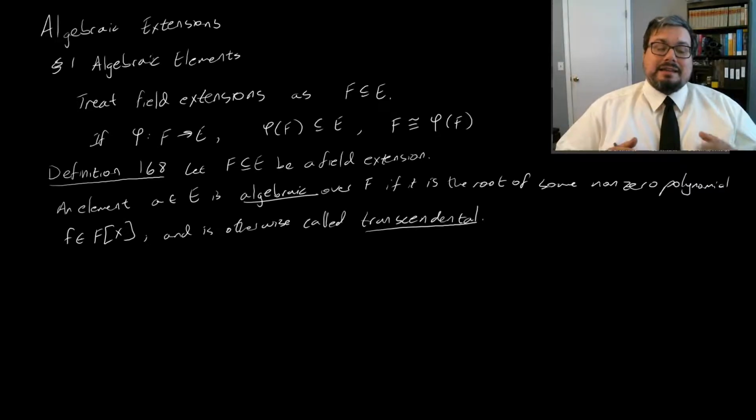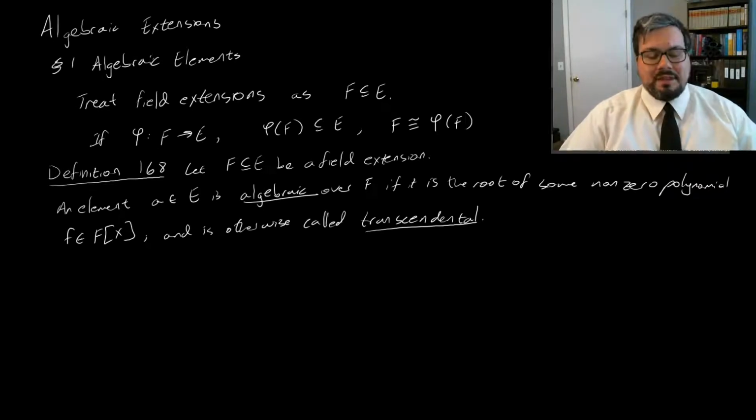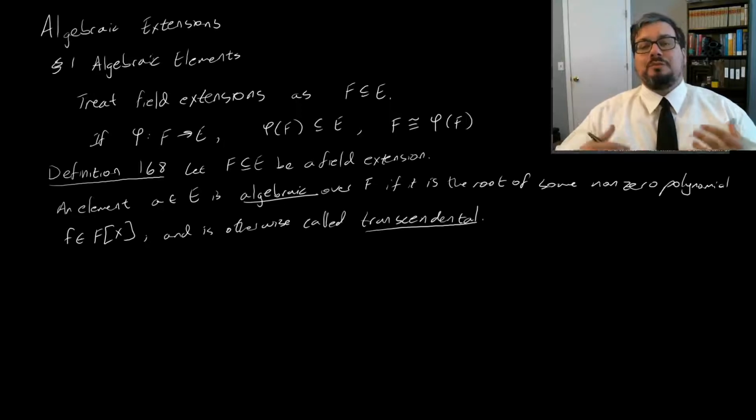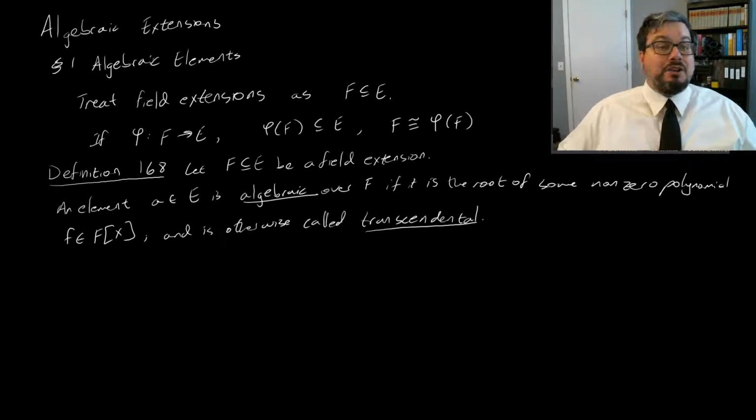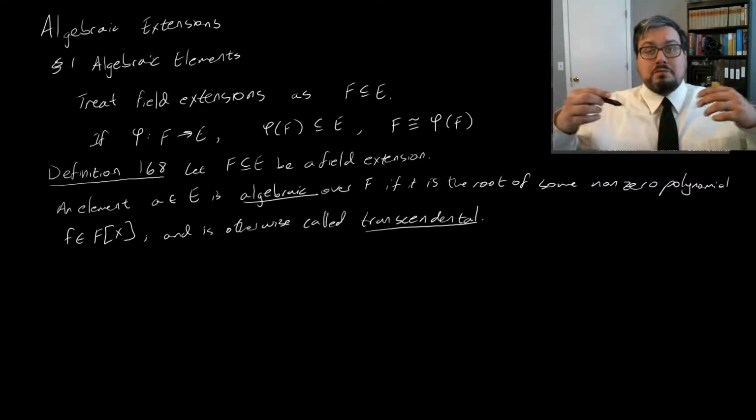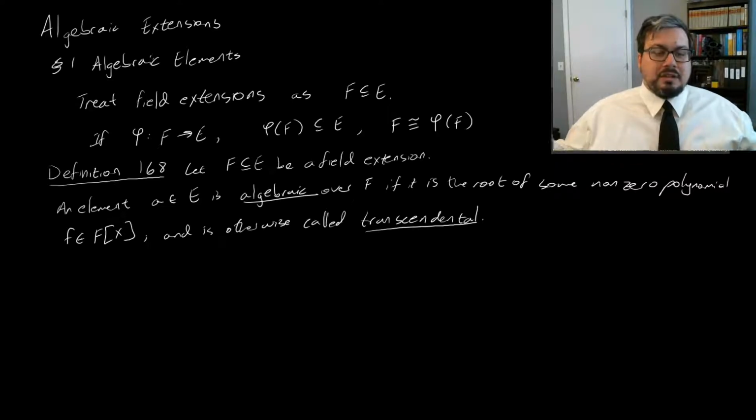And then anything in the field E which isn't algebraic over F is called transcendental over F. One way of thinking about this is that algebraic elements over F are things that can be described in terms of F, in terms of some sort of algebraic equation, some polynomial type of equation involving the coefficients of F. Whereas the transcendental elements over F are not related to the elements of F in any sort of algebraic way.